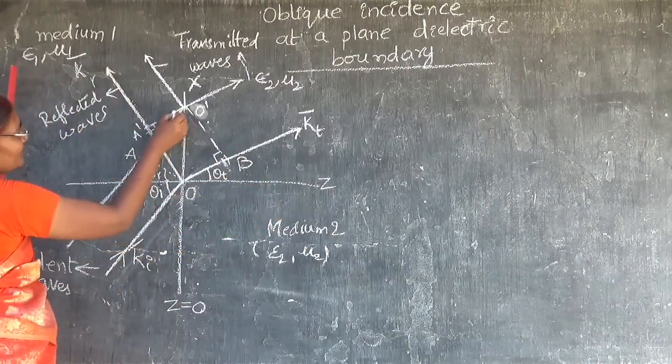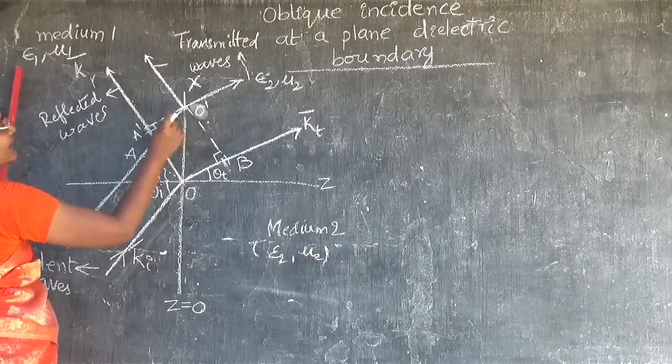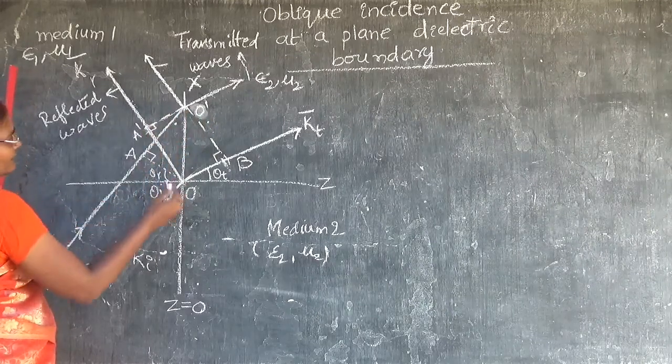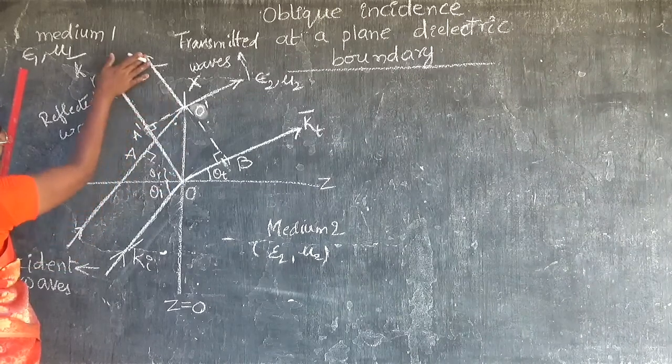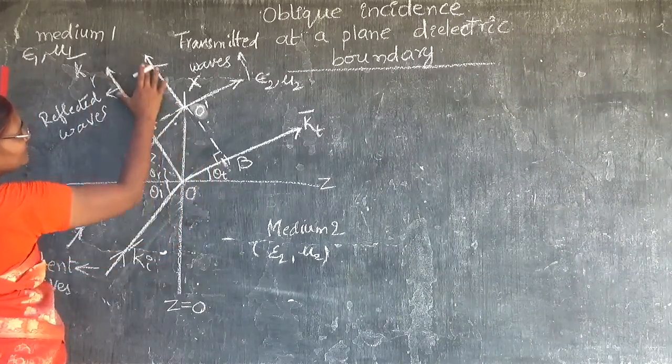So I can represent this intersection with this line. This line is named O dash and A dash, and we can observe here that this is the reflected wave and a parallel line I have taken. So this is the surface which is reflected.